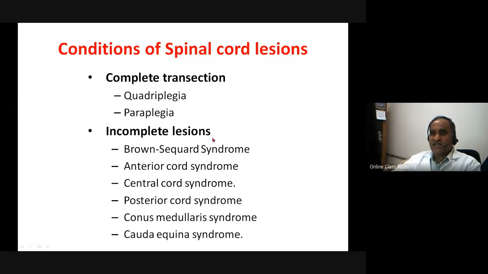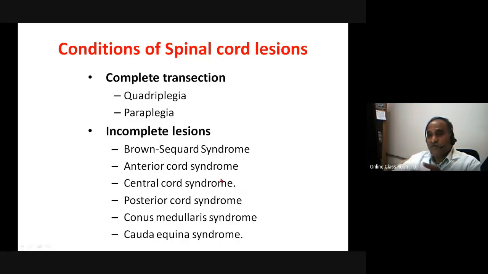In the incomplete lesions, we have the lateral hemisection. Half of the spinal cord is cut laterally. That is Brown-Sequard syndrome. Or there may be a lesion of the anterior cord, that means the anterior cord is damaged transversely. That is the anterior cord syndrome.